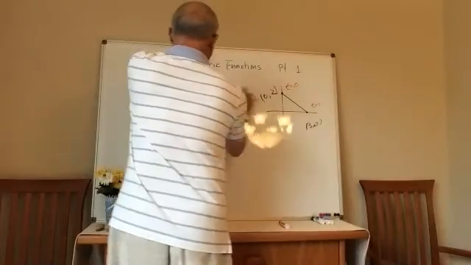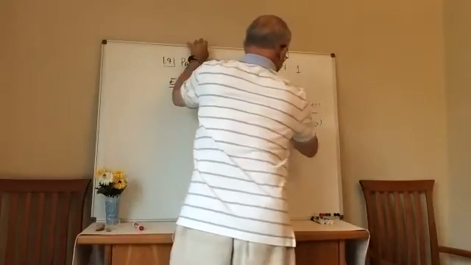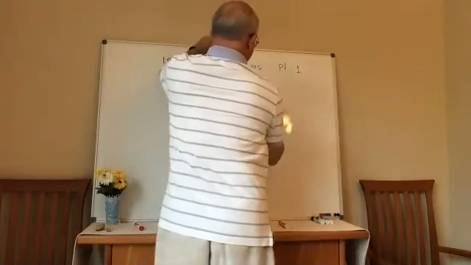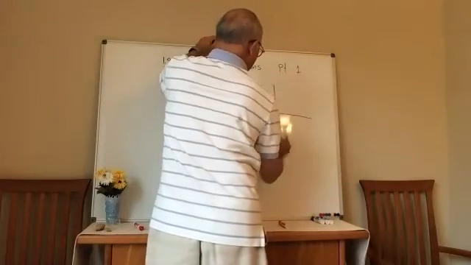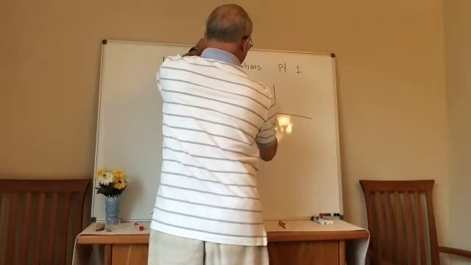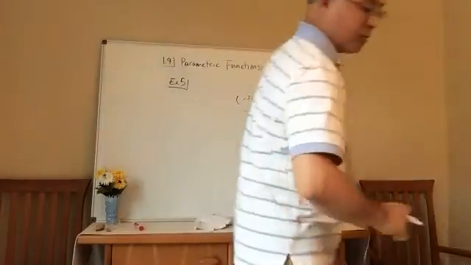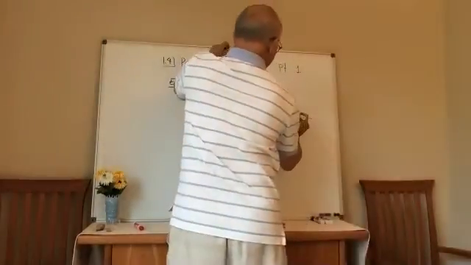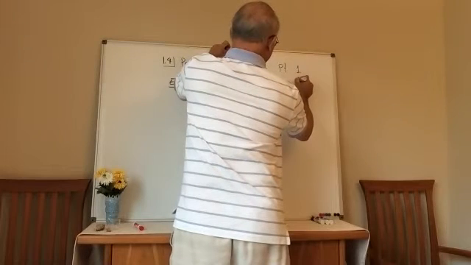So we have -2 and 1, and the other point is 3 and 5.